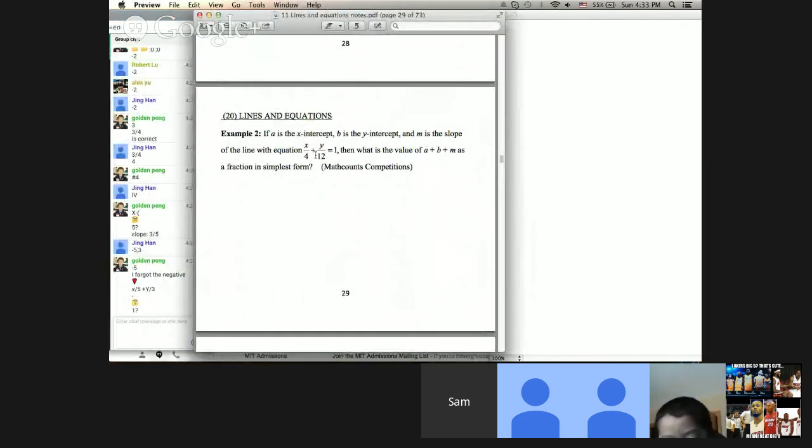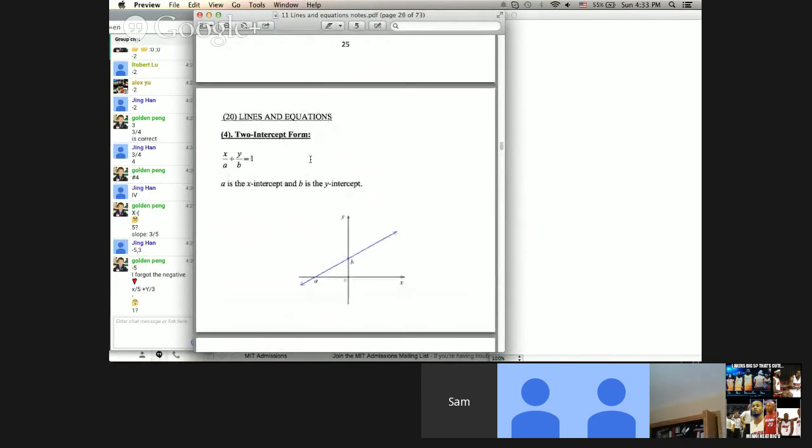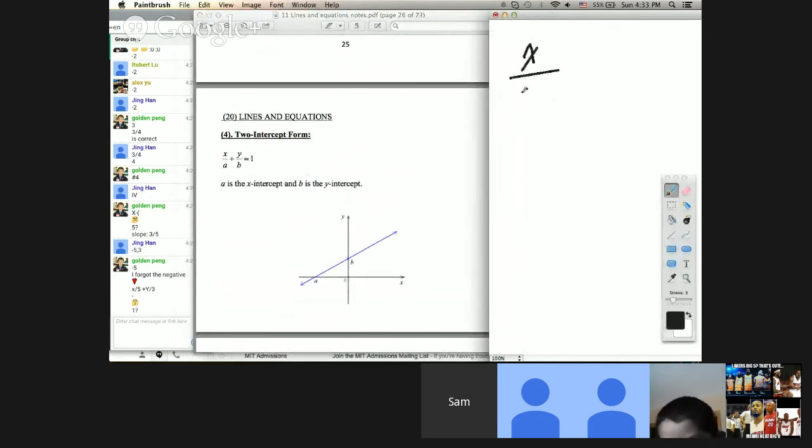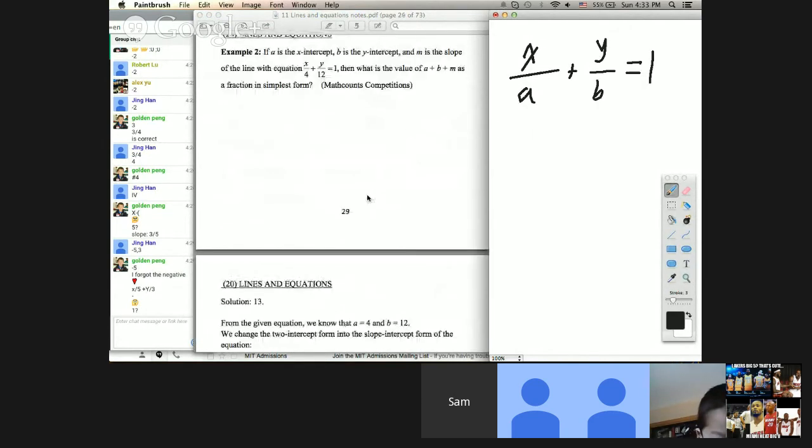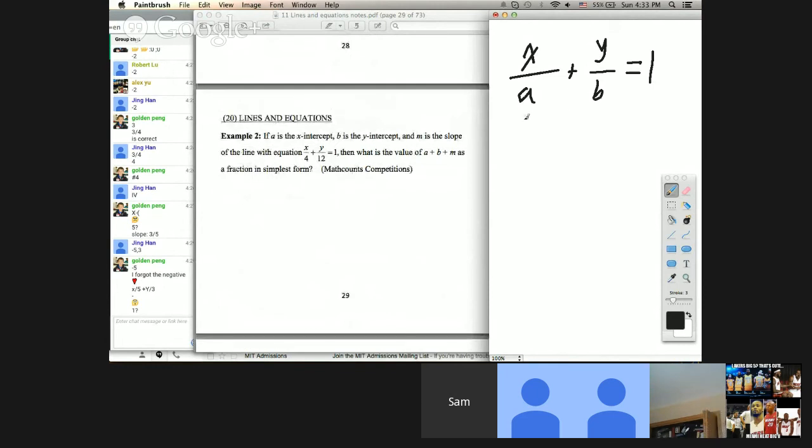Okay, so as a little hint, remember this equation right here? I'll write it. X over A plus Y over B equals 1. The A is the x-intercept and the B is the y-intercept.